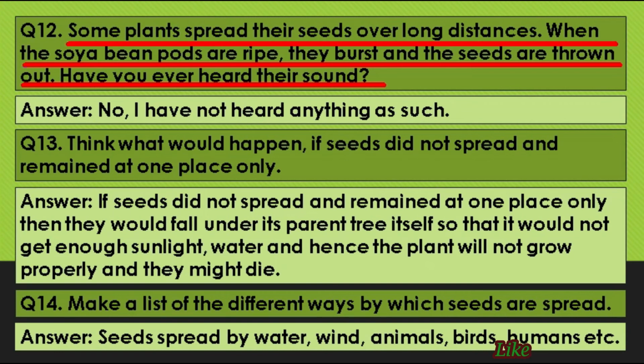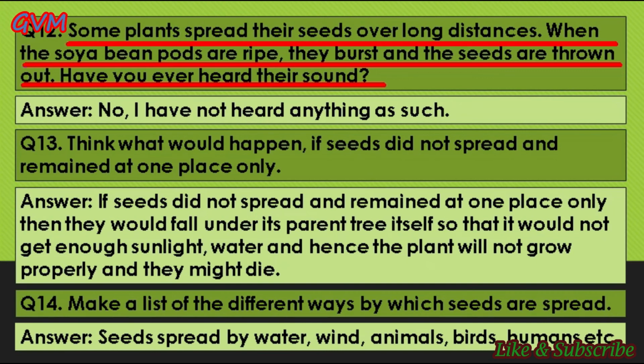When ripe, they burst and the seeds are thrown out, and when the soya bean pods burst, they make a sound. Now here you have to answer, have you ever heard any kind of sound? Students, the sound that is produced during bursting is too faint to hear. So you have to write down here, no, I haven't heard anything as such.